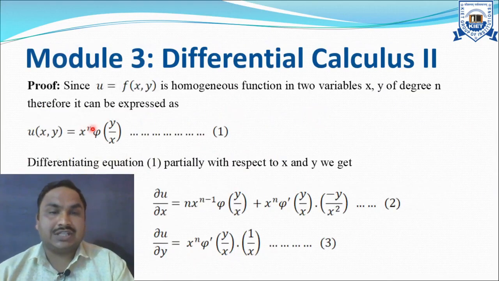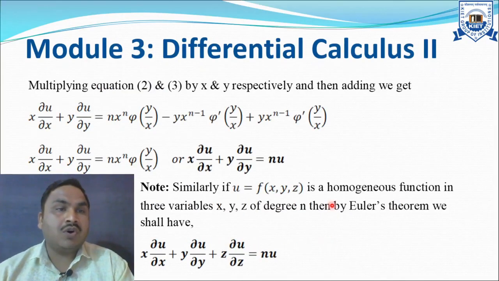Now see the RHS. If I multiply this by x, here I will get n x raised to the power n phi of y over x. Here x square is in the denominator. If I multiply with x, here I will get only x. So after simplification I will get x raised to the power n minus 1 phi dash of y by x multiplied by minus y.